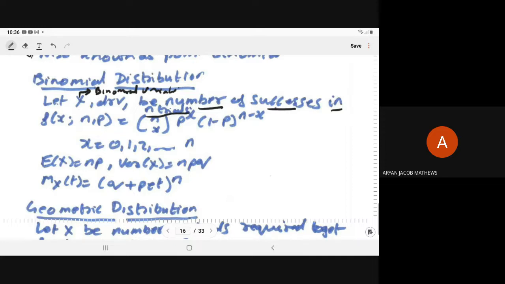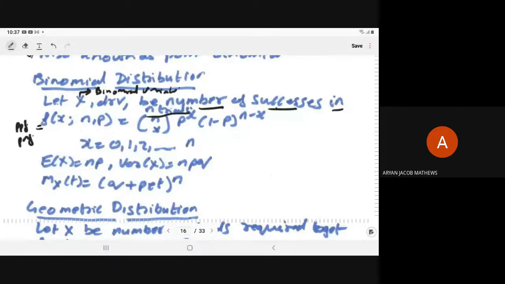And for the binomial distribution, since it is a discrete random variable, we have the PMF, the probability mass function, as n choose x, n combination x, into p to power x, (1 minus p) to power n minus x.